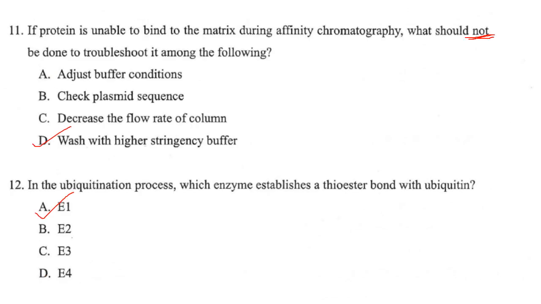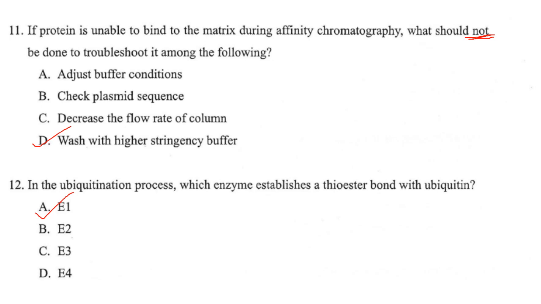The next one. If protein is unable to bind to the matrix during affinity chromatography, what should not be done to troubleshoot? They have asked what should not be done among the following. Adjust buffer conditions, that you can do. Check plasmid sequence. Yes, that also you can do.